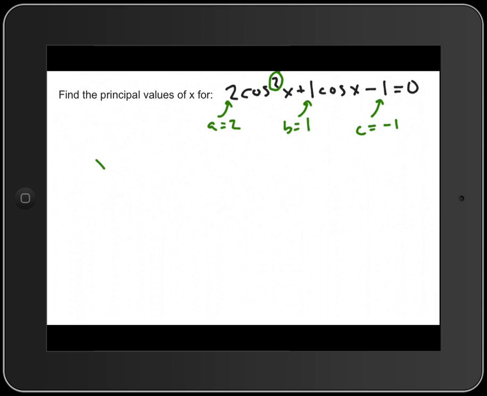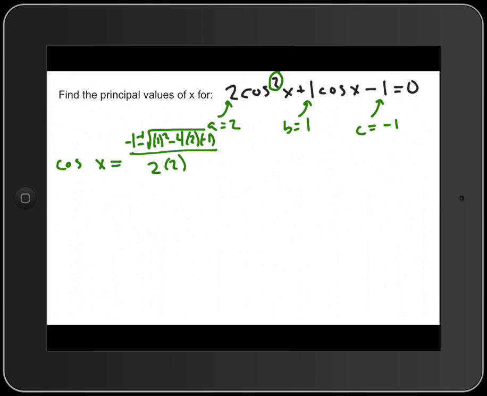Now the quadratic formula usually solves for x. It tells us what x equals. But in this case, we're not solving for x, we're solving for the cosine of x. So now I go ahead and plug things into the quadratic formula. First off, we have the opposite of b, so negative 1, plus or minus the square root of b squared, so 1 squared, minus 4 times a times c, all over 2a.